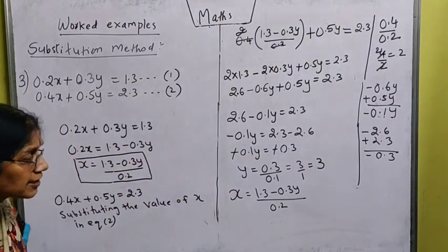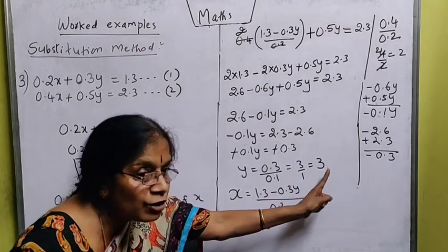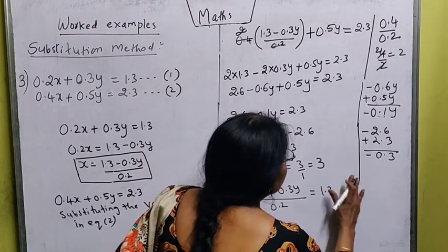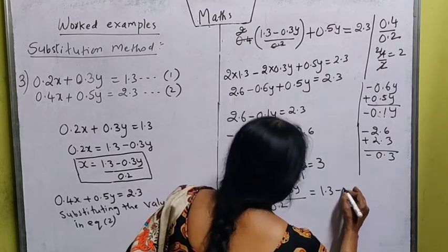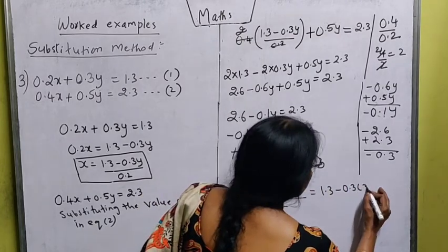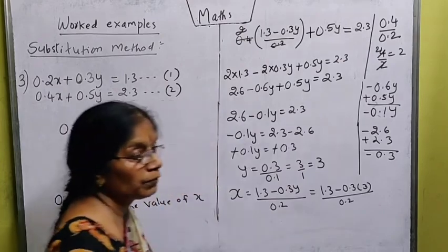So where y is there, I am going to substitute the value. What is the value of y? It is 3. So it is equal to 1.3 minus 0.3 into 3, whole divided by 0.2.